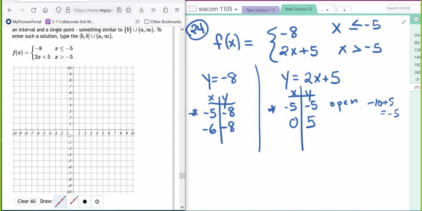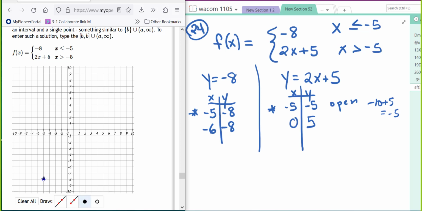And so for our first one, this is a closed circle. So we want -5, -8. And we want the ray tool, and we want to click that one again.